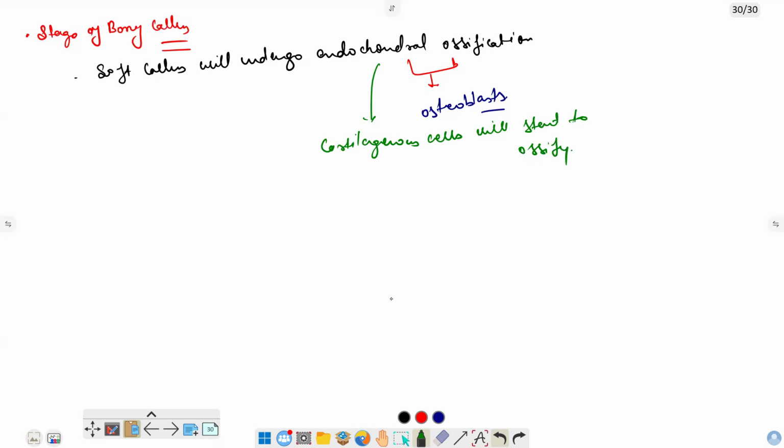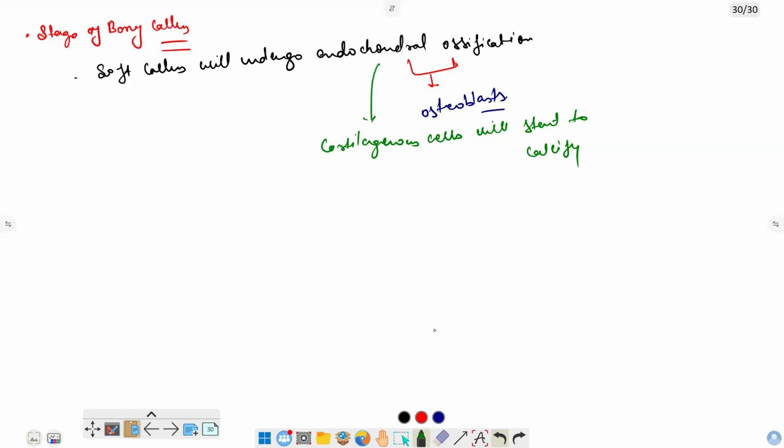Okay, not ossify, sorry, it will start to calcify. The cartilaginous cell will start to calcify. After that, the woven bone type of condition will start to calcify, and the stage of bony callus will be visible on the X-ray plates. It's clearly visible on the X-ray. Okay, this can be seen on the X-ray plates.